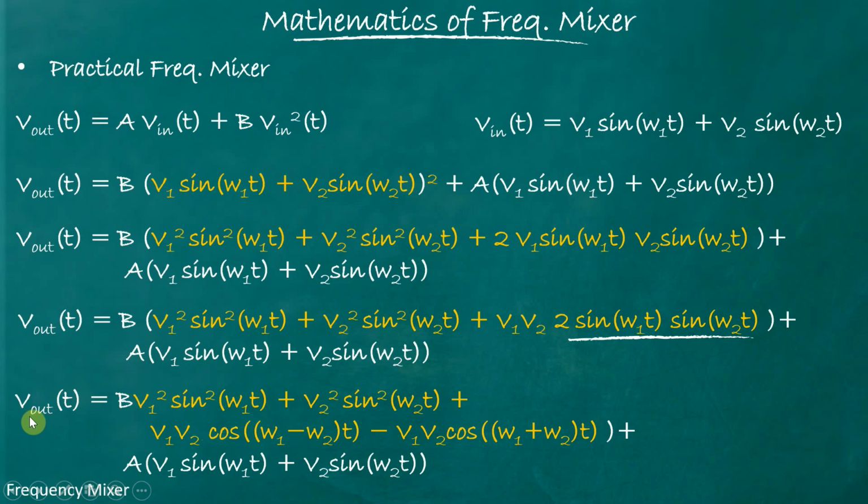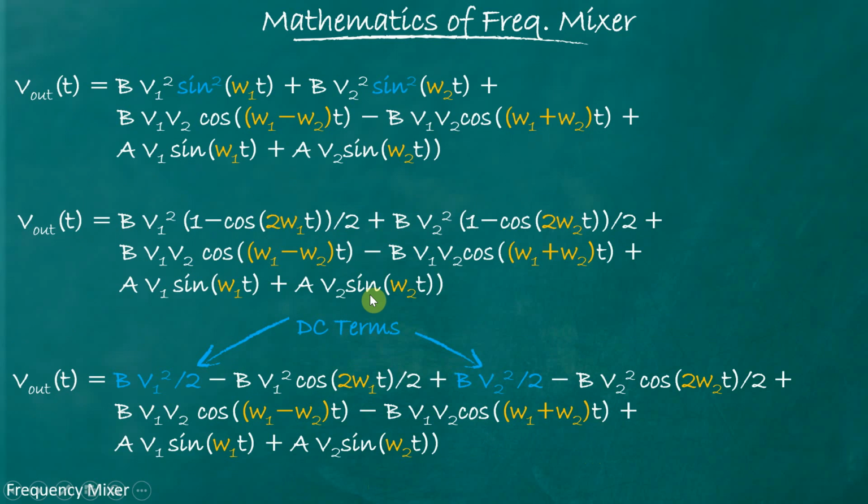So finally, the final equation of output is b times v1 square sin square omega 1t plus v2 square sin square omega 2t plus v1 v2 into cos (omega 1 minus omega 2)t minus v1 v2 cos (omega 1 plus omega 2)t, plus this term as it is, a times v1 sin omega 1t plus v2 sin omega 2t, right.